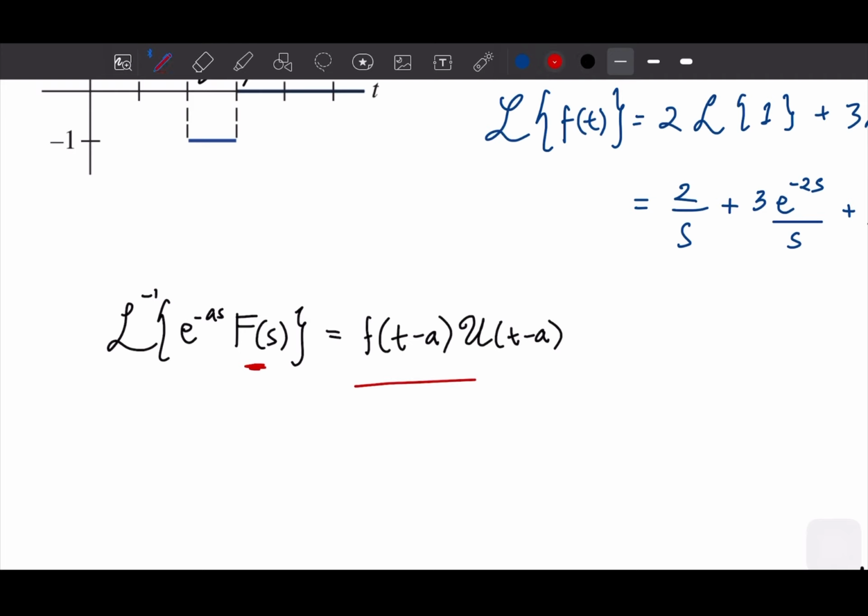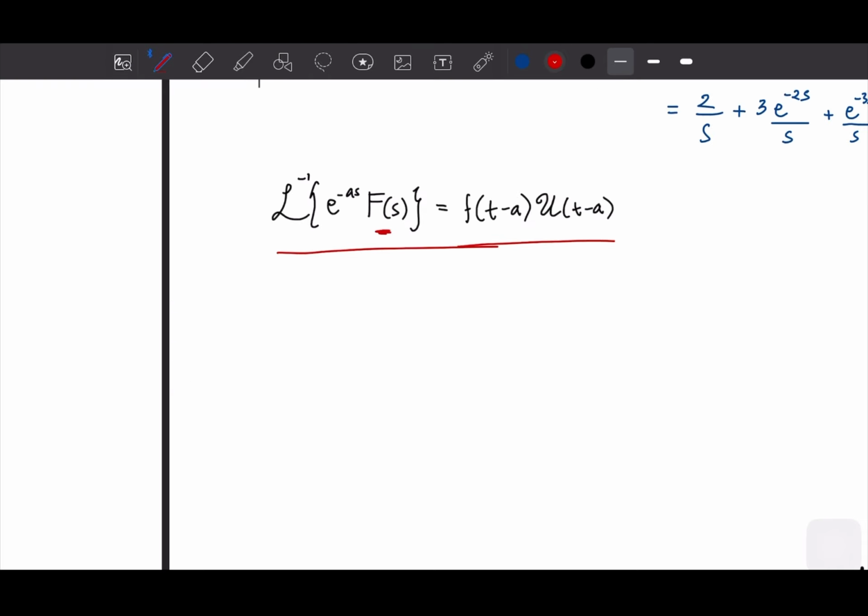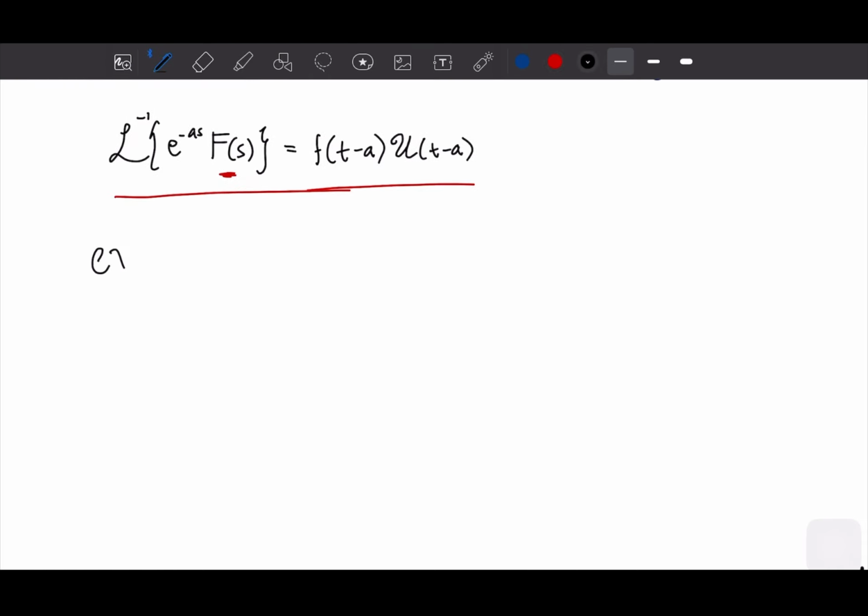Now let's take a look at some examples. So Laplace inverse. Okay, how about that? We could identify first that this is our a.